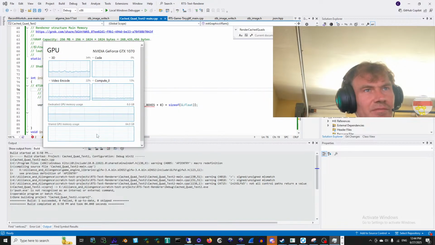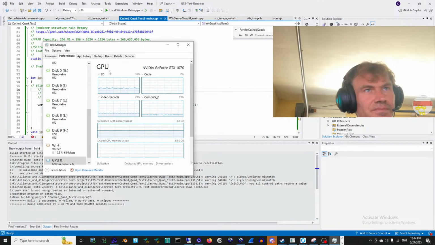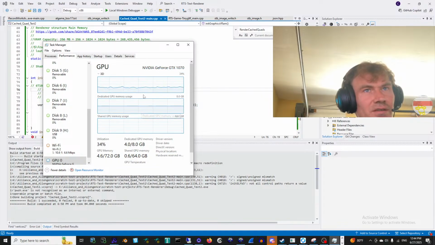So how do I make the graph look different? Anyway, change graph to single engine. Okay, yeah. So half my VRAM is being used. On average, it's going to be just taken. So I have 4 gigs. And this 72 thing, this doesn't really count.